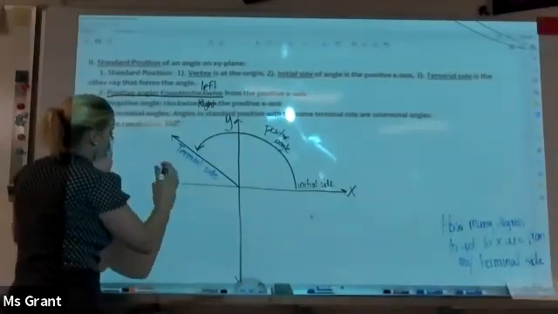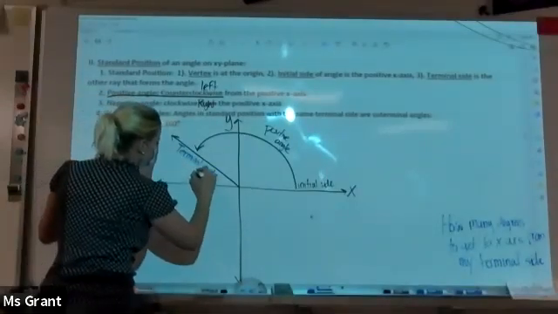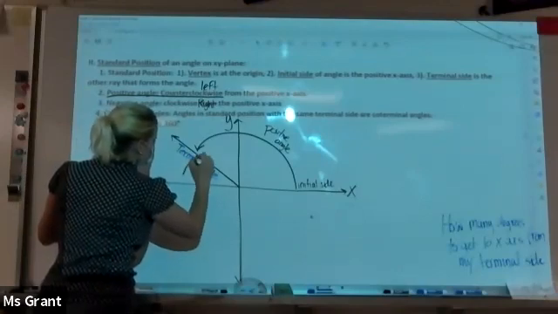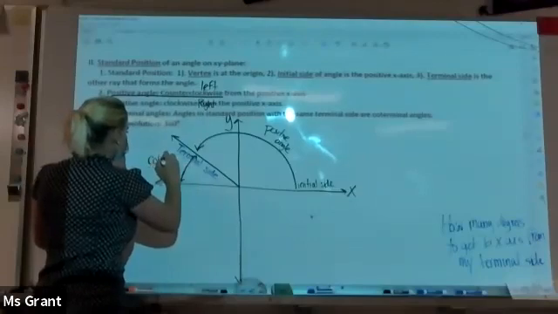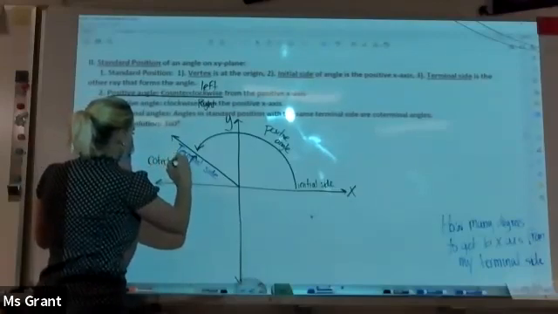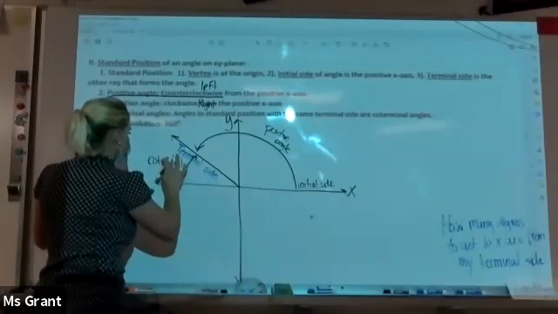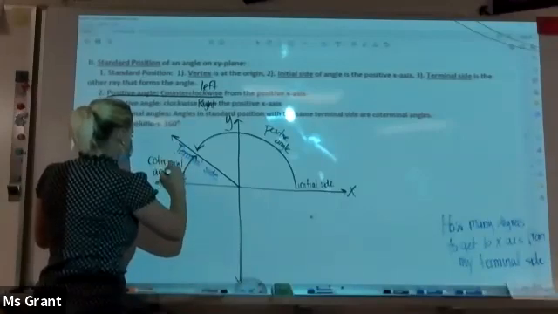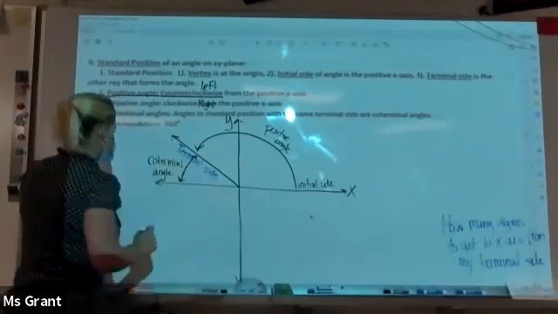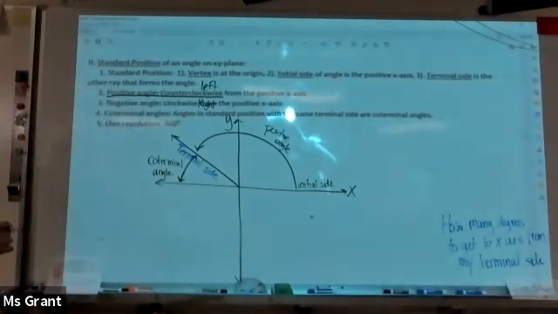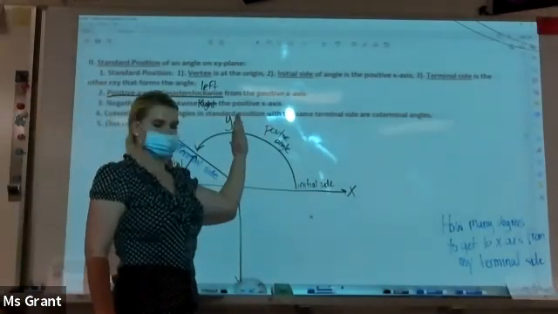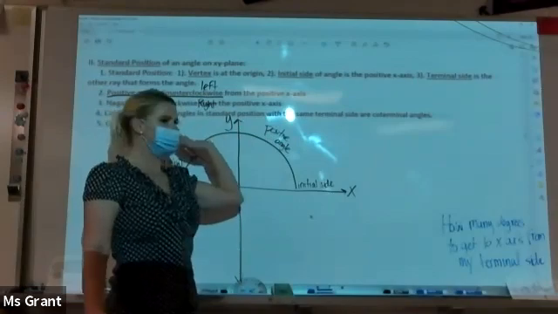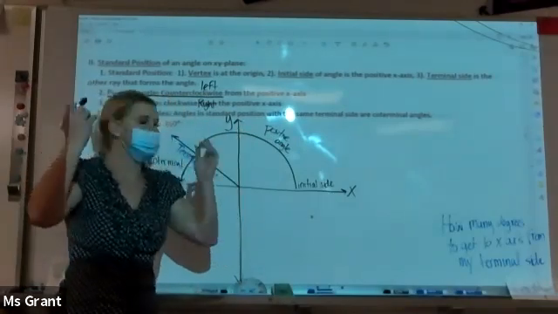This portion that's left over right here is called my coterminal angle. So maybe this is 90 plus 45 more, 135 degrees.